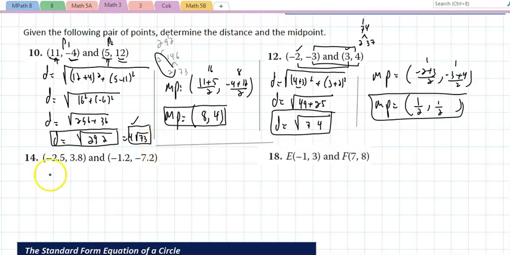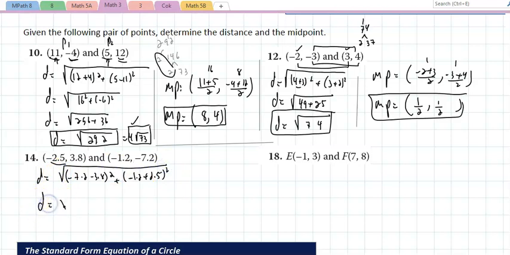If I want to find the distance between those, the distance is the square root of y2, which is negative 7.2, minus y1, which is 3.8, squared, plus, negative 1.2 minus a negative is plus 2.5, squared, under a radical.